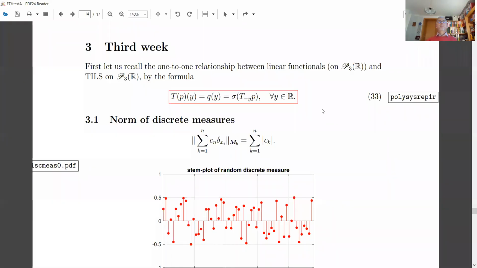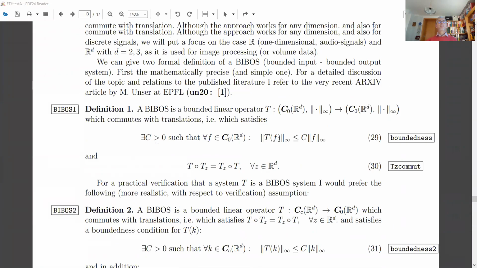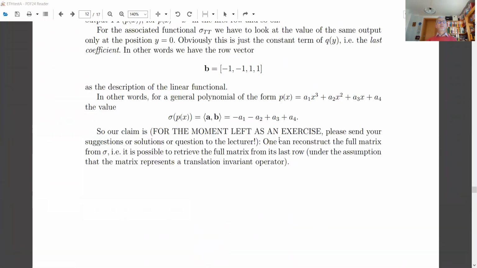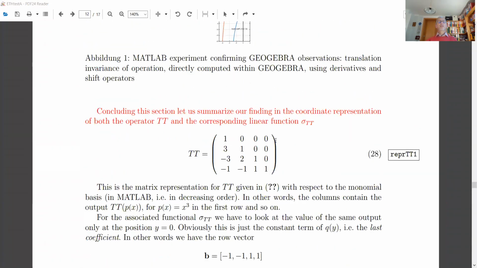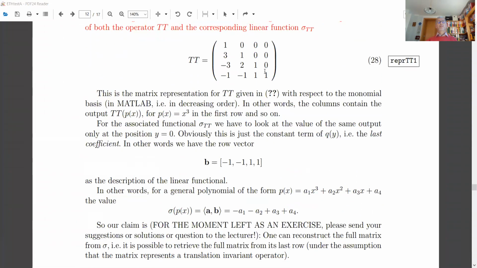So we have now the situation that there's a one-to-one correspondence, and I thought it's maybe a good idea to go back to this a little bit more precisely in terms of looking at our concrete assumption model. Last time I was a bit confused because the first column looked a little bit like binomial coefficients, so I thought there was a mistake.